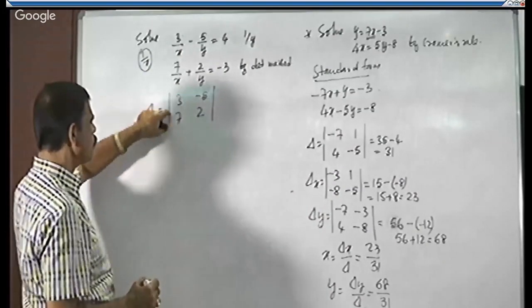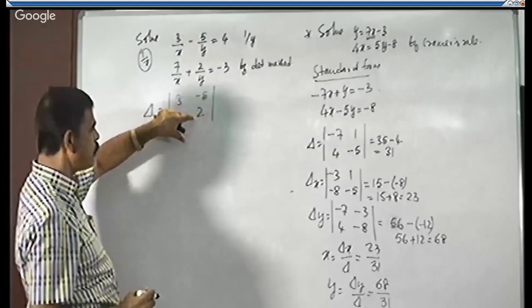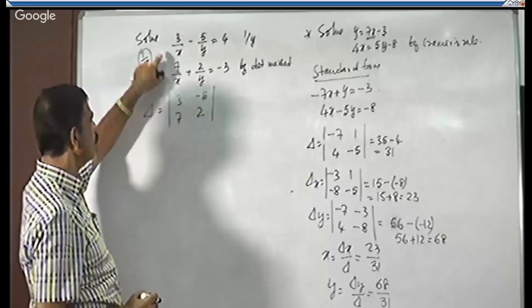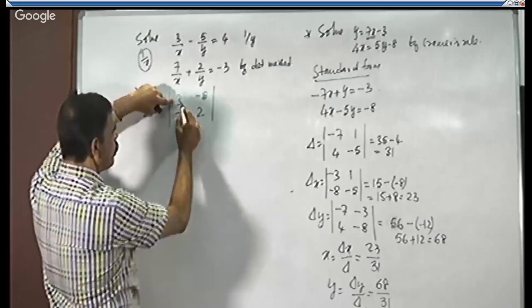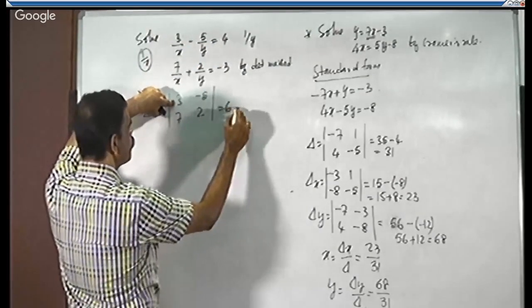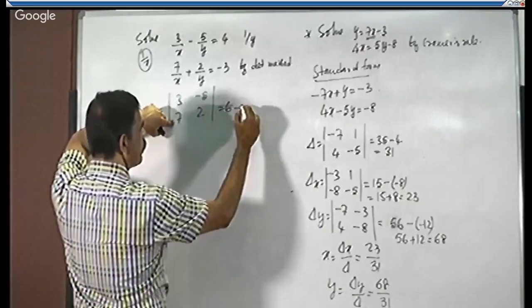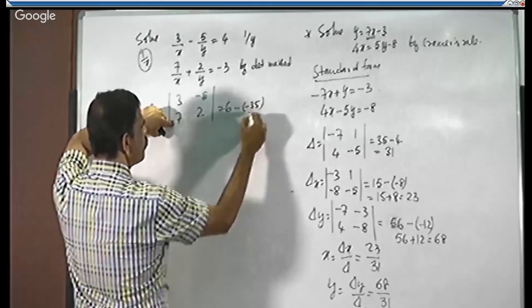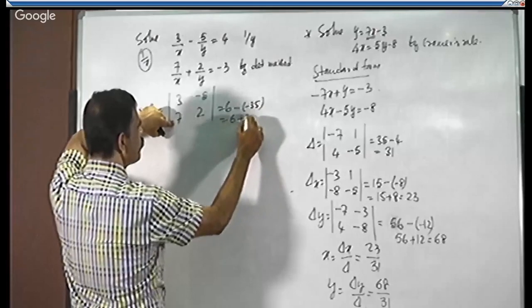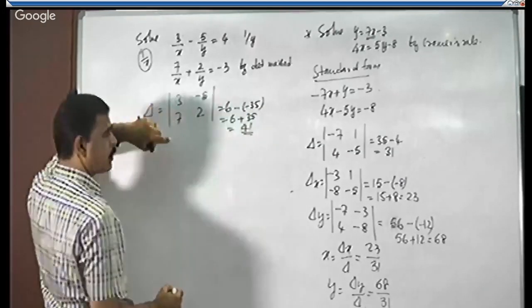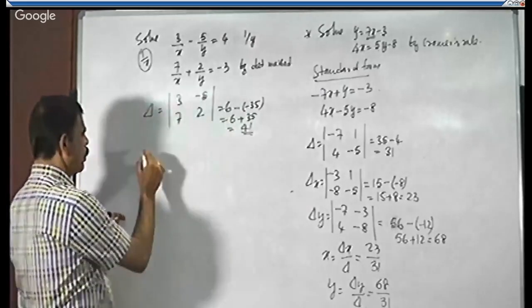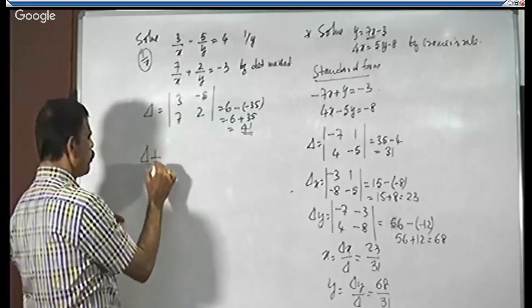It is a coefficient determinant of what? 1 by x and 1 by y. Expand it. 3 into 2, 6, minus minus 35, so 6 plus 35. It is equal to 41. Delta is 41.